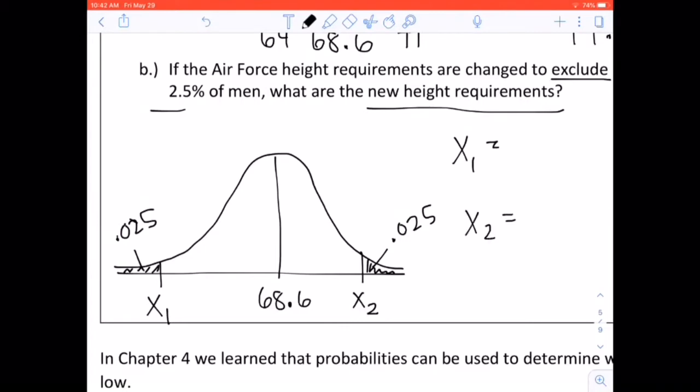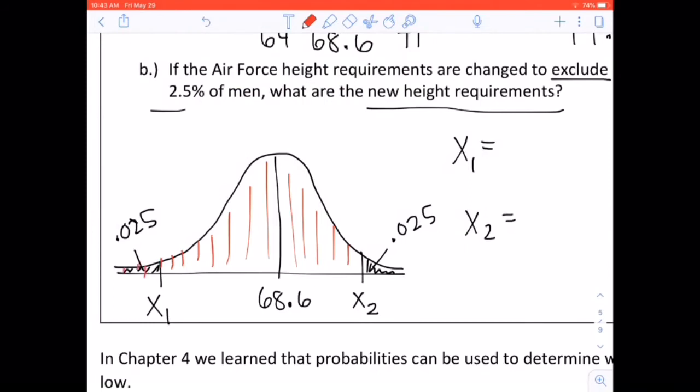And so since we are going backwards on these, this would be using inverse norm on our calculator. And when we use inverse norm on our calculator, we have to have the area to the left of the value, which is nice for x1. However, for x2, the area to the left of x2, and we'll go ahead and draw some different kind of lines in here with a different color, is going to be all of this area.